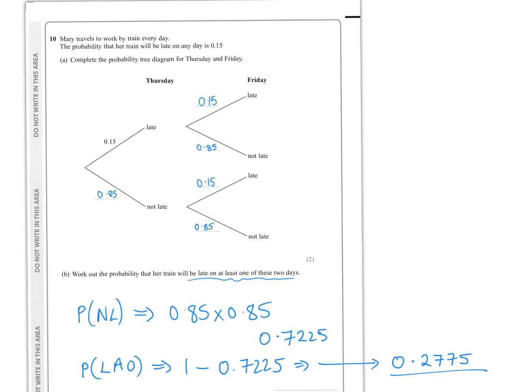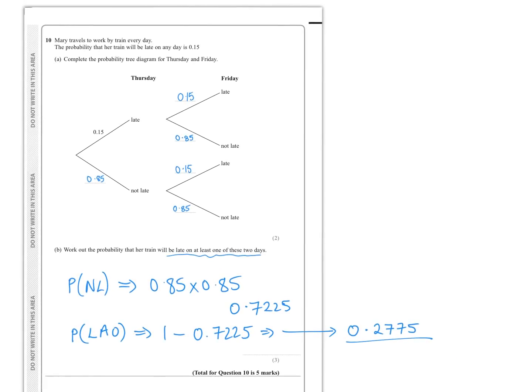So let's just see how many marks that was worth. That was 3 marks just for that part.